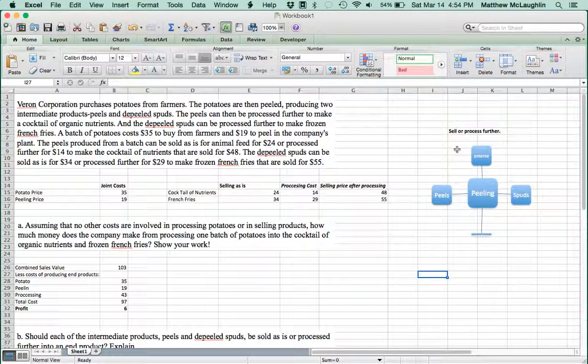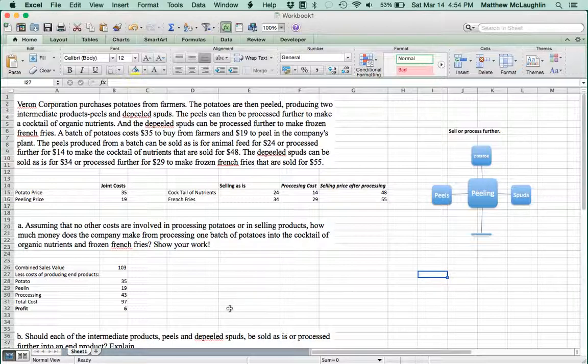Now, what are our avoidable costs? It is the processing further, because that's relevant in our decision of whether to sell it as is. If it costs more to process it further than it does to just sell it as is, why would we process it?